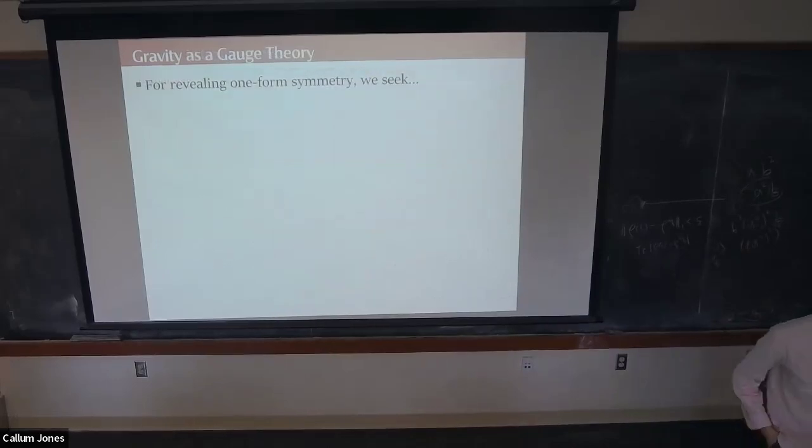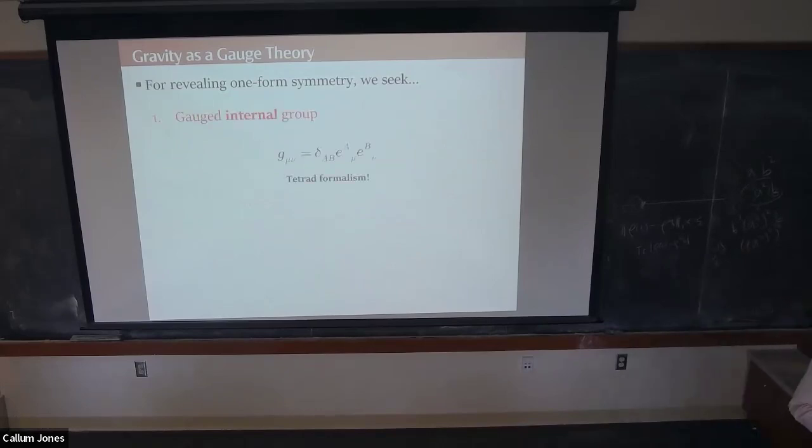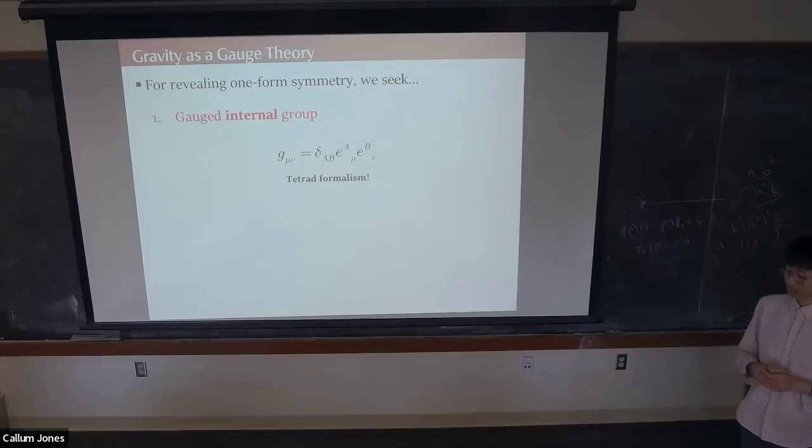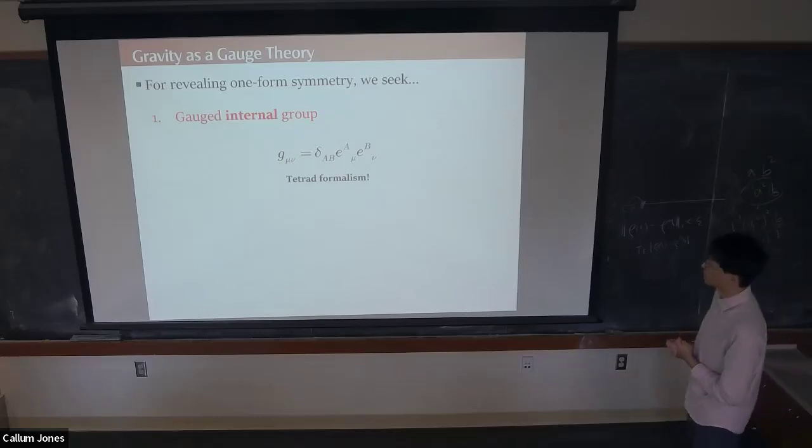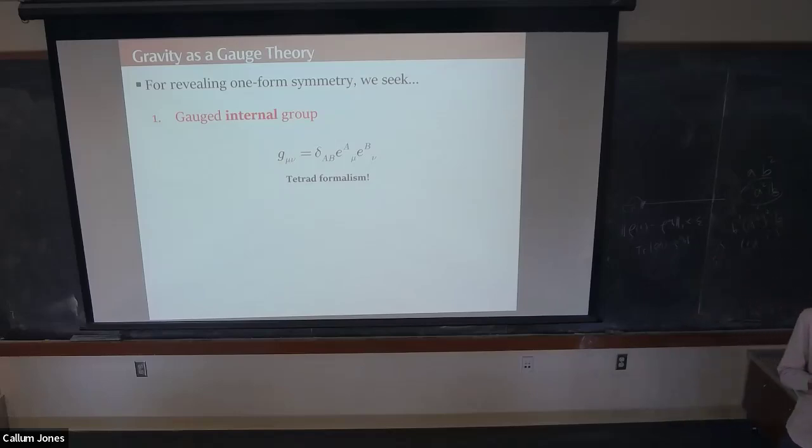So with these inspirations and observations, we deduce that to reveal the one-form symmetry, we seek a formulation of gravity in terms of an internal gauge group, not only space-time indices. A natural option is the tetrad formalism, where we formulate gravity as a gauge theory of the local Lorentz group.